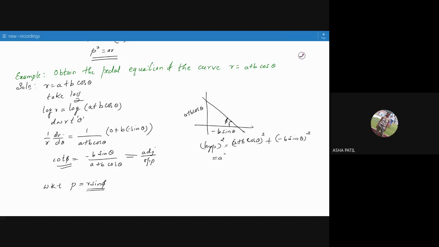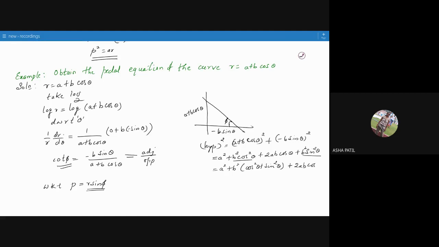So we have a square plus b square cos square theta plus 2ab cos theta plus b square sin square theta. Now from these two terms, if we take b square common, we have cos square theta plus sin square theta, which is 1.